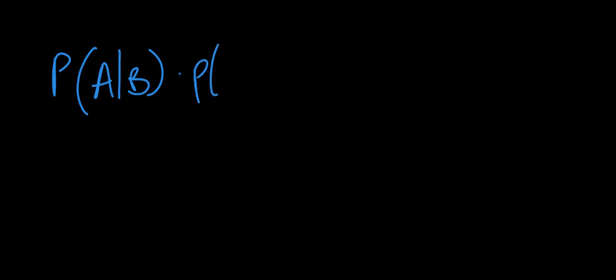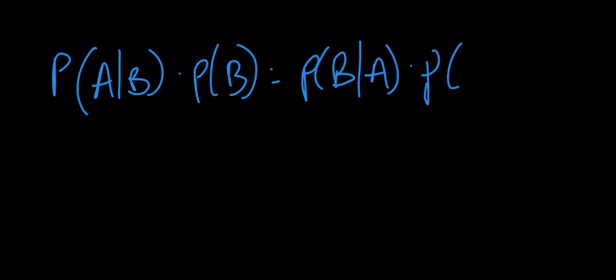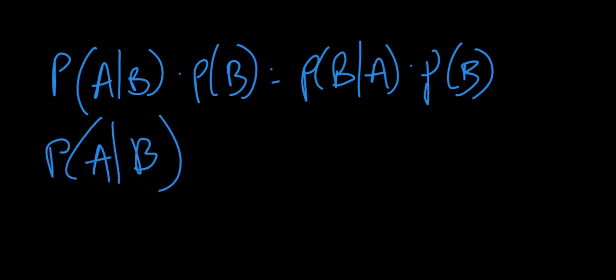Now, from our Bayes' theorem, we can recall that we have this formula, and we want to find the probability of events happening given that event B has already happened.